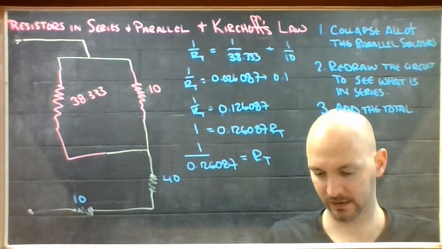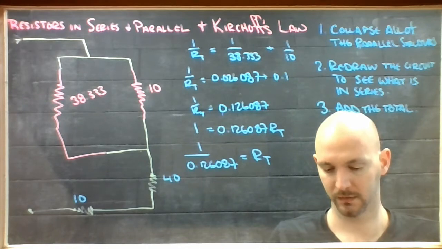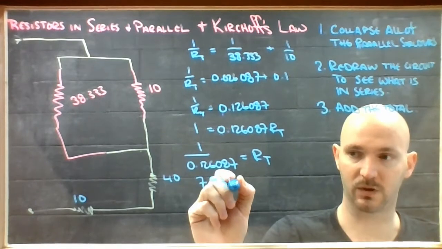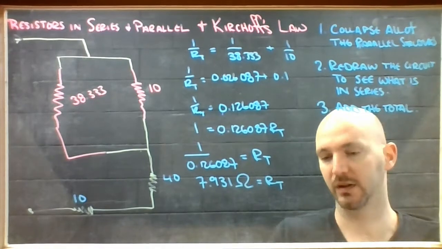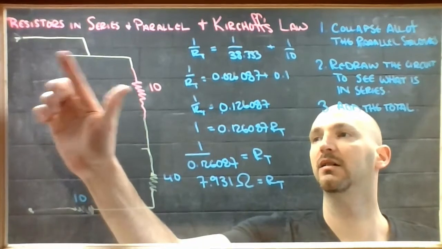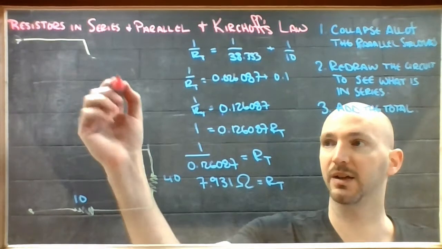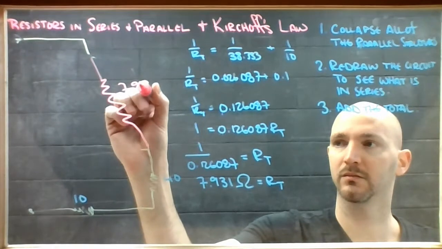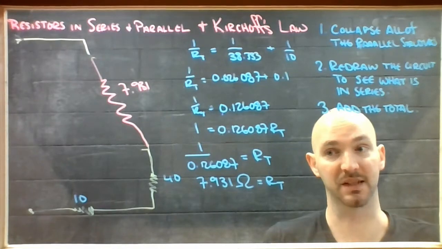This divided by this is 7.931 ohms. So this structure here, I can replace that with a single resistor that's only worth 7.931. Now this is getting considerably simpler.